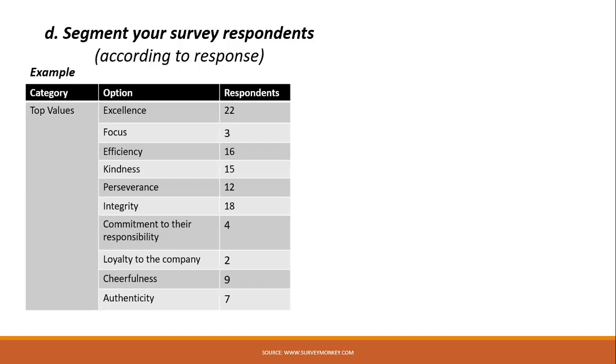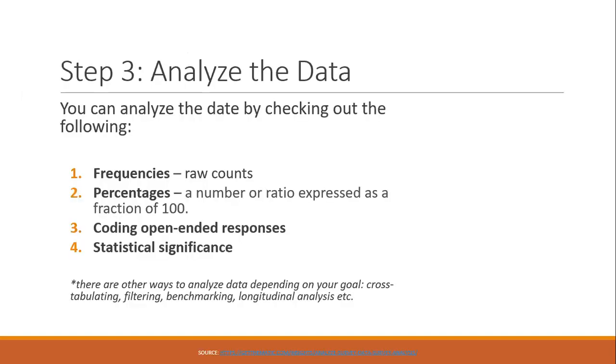So we can see the top 5. Number 1 is excellence. Number 2 would be integrity. Number 3, efficiency. Number 4, perseverance. And number 5, kindness. So you can already see the answer to your top question.